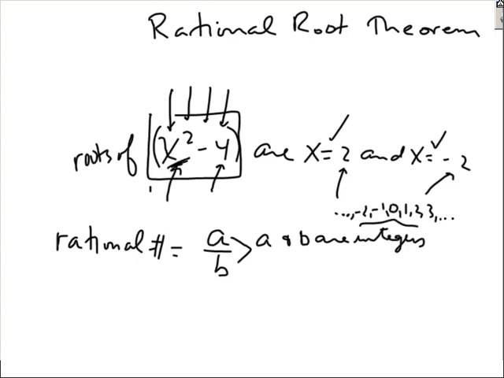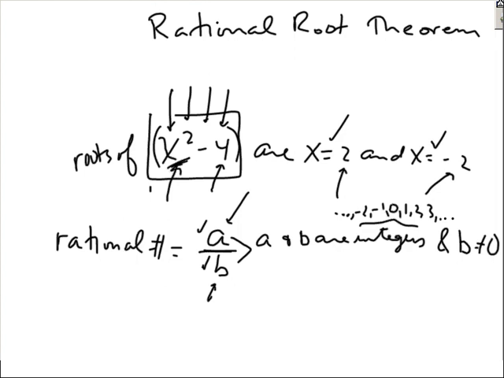That is, a rational number can always be written in the form of one integer divided by another integer, so long as you're not dividing by 0. You can't ever divide by 0. A rational number is one integer divided by another integer, or at least it can be written that way, and the denominator is not 0.